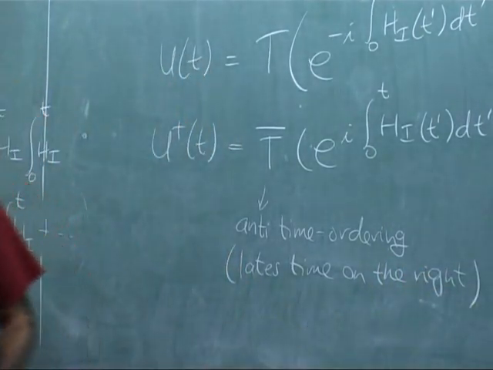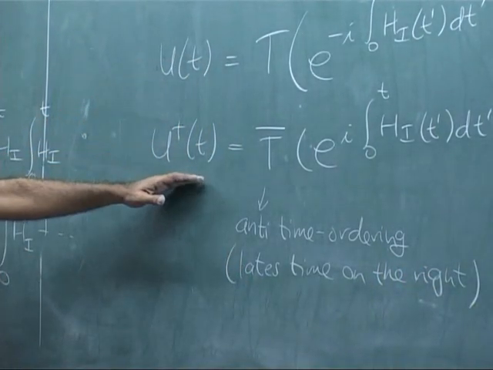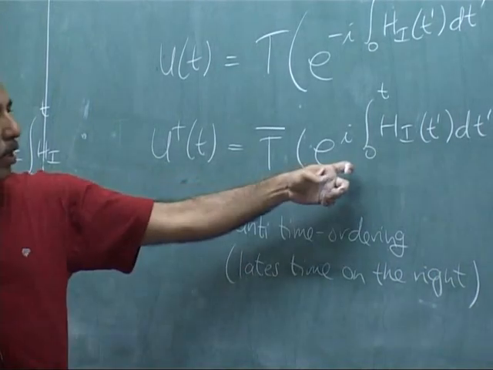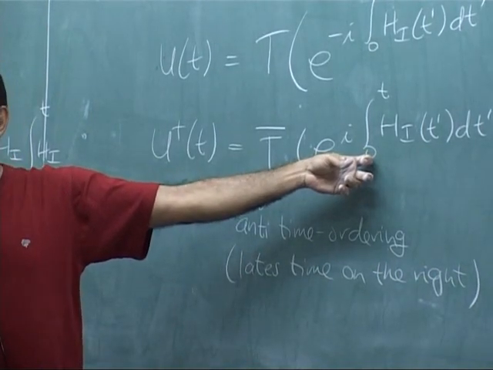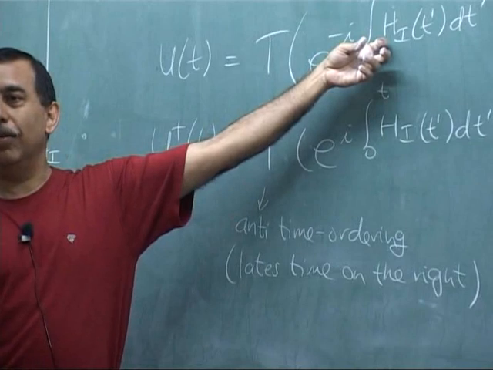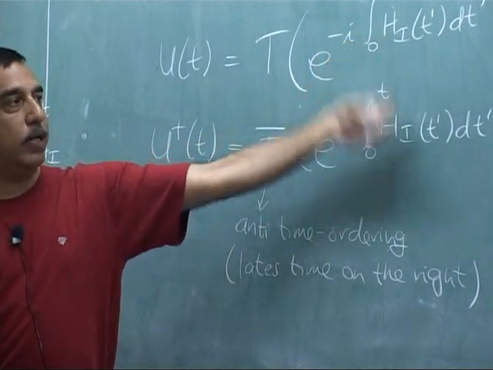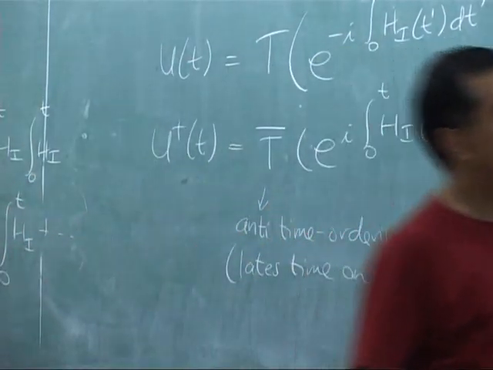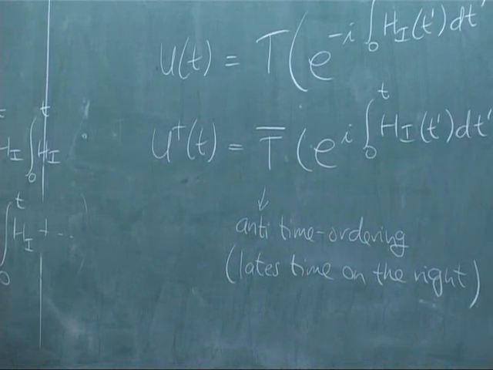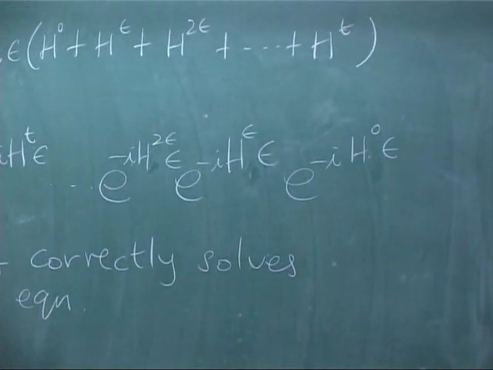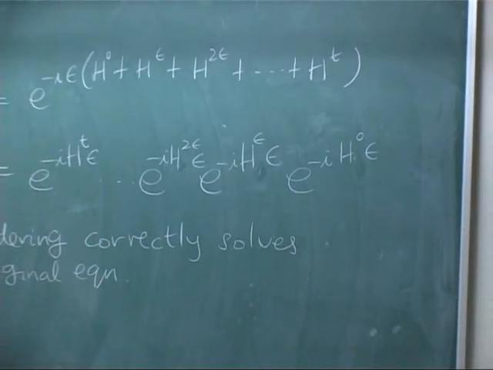So why is this? If I multiply in this order, u and then u dagger, this one has t equals 0 on the left and this has t equals 0 on the right. So the corresponding terms just cancel each other. e to the minus i H naught, the other one has e to the plus i H naught over here. After that, stepwise they keep cancelling until everything is cancelled.